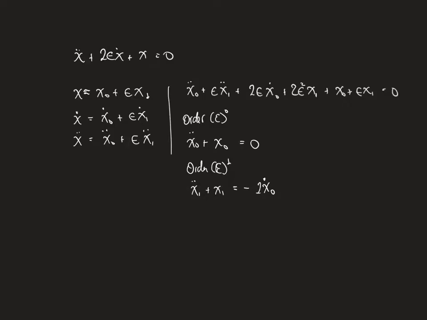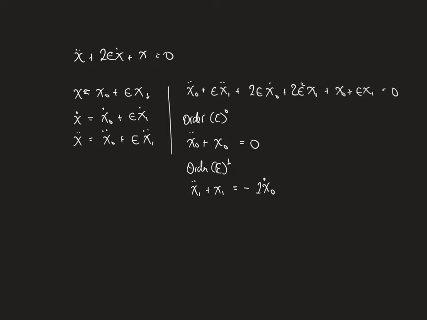So let's go back to the previous example and discuss it. We have this linear differential equation, and we decompose it, x naught plus epsilon x1, and then we express the corresponding derivatives, first order derivative in time and second order derivative in time.